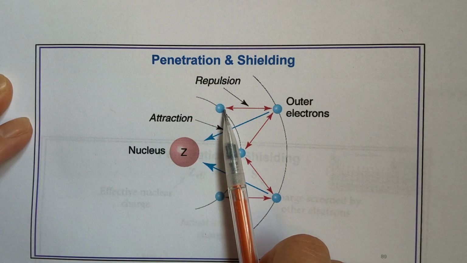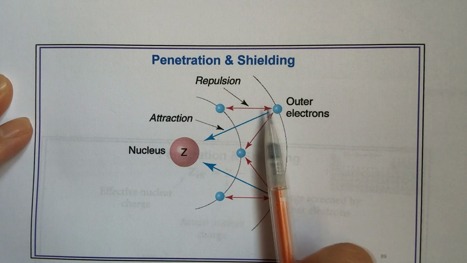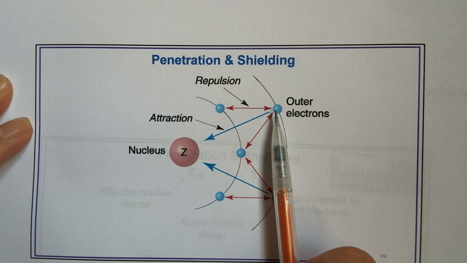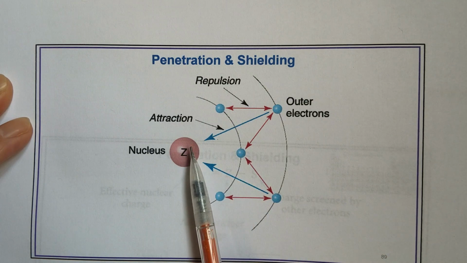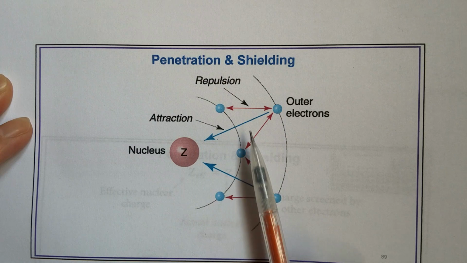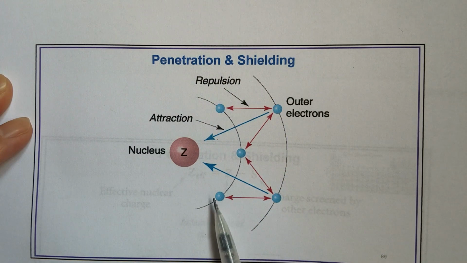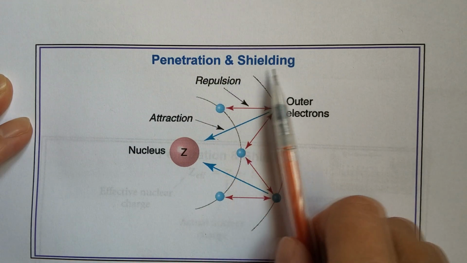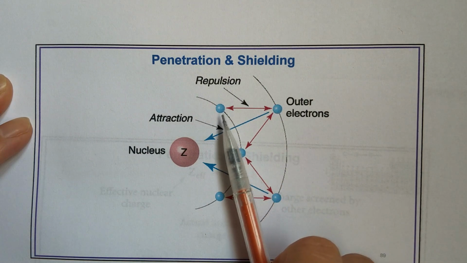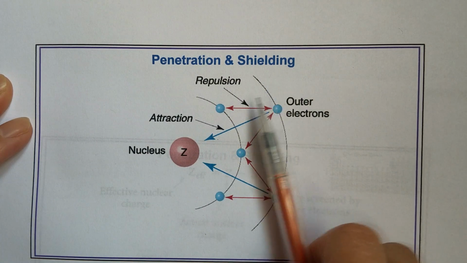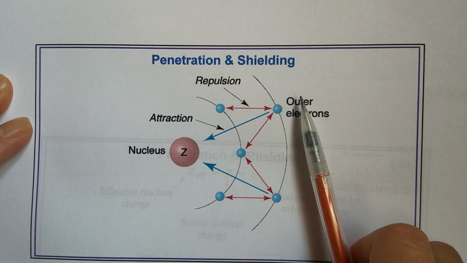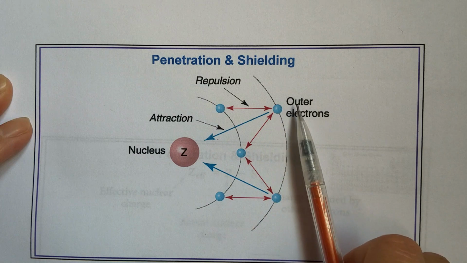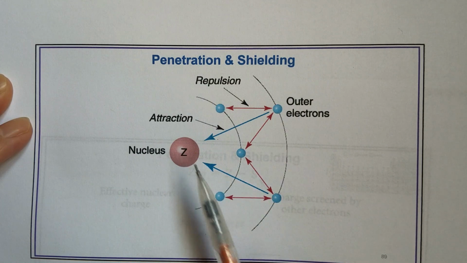Electrons all carry negative charges, so they repel each other rather than attract, unlike the attraction between electron and the nucleus. That's why the inner electrons are considered as the shielding. They shield the nucleus, which weakens the attraction between outer electrons and the nucleus.